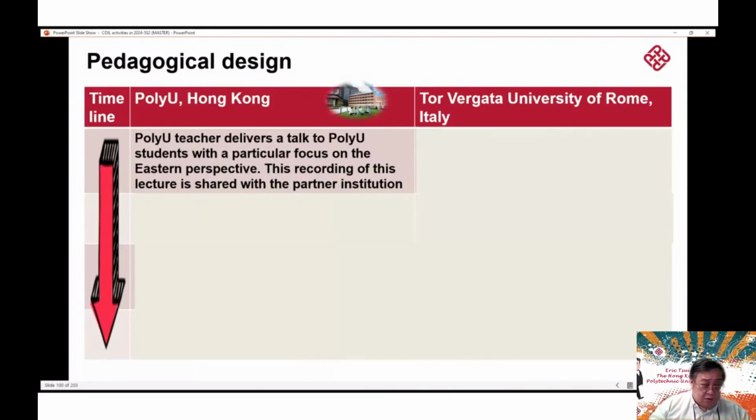So I pair up with Professor Leone from the Italian university, and we are both locked on teaching a class on the value of culture in knowledge management. Because we cannot find a mutually convenient time to hold the class together in real time, first, as the PolyU teacher, I deliver a talk to PolyU students with a particular focus on the Eastern perspective of knowledge management.